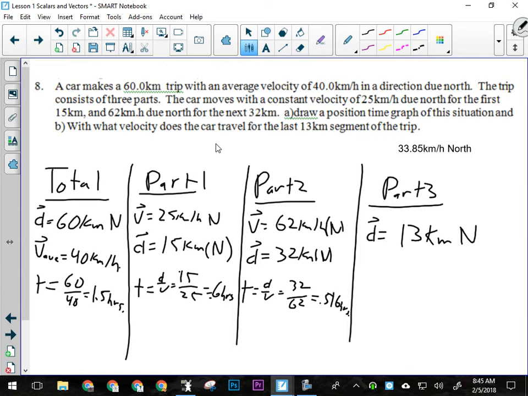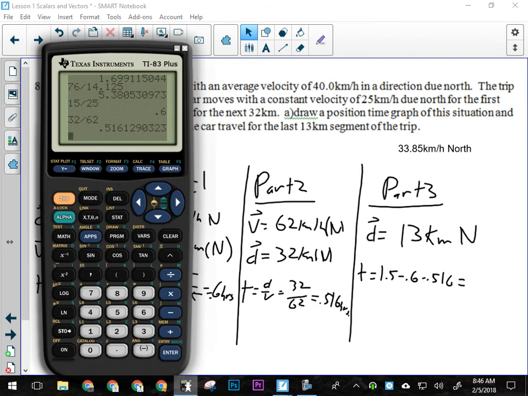The whole trip takes 1.5 hours. I know how long these 2 parts take, so the time for part 3 is going to be 1.5 minus 0.6 minus 0.516. That'll give me the time for that part. So our remaining time is 0.384.